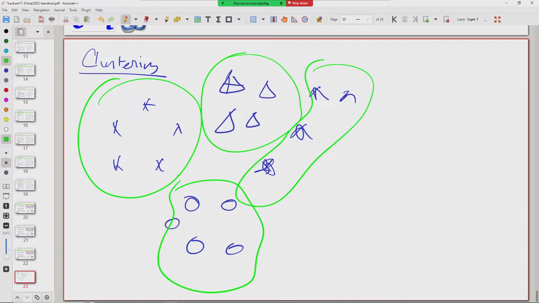So in clustering, the key thing is it's all based around distances between pairs of points. A bunch of points which are close to each other should lie in the same cluster, and a bunch of points which are far from each other should probably lie in different clusters. And then there are many other considerations here as well.